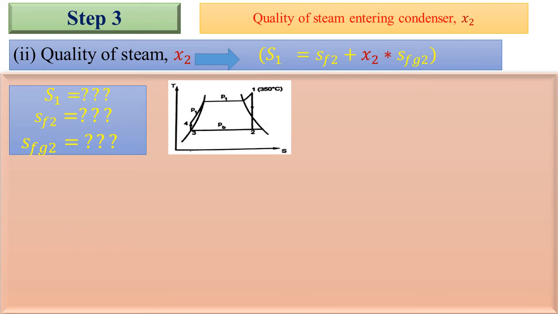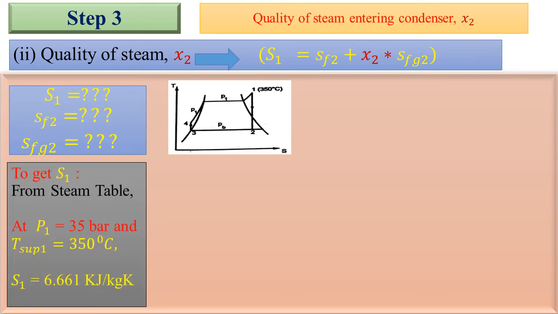Now we will see how to get these three values. First we will see how to get S1, that is entropy at point 1. From the TS diagram we can observe point 1 lies in a superheated region, where we know both values: P1 of 35 bar and T superheated of 350 degrees Celsius.